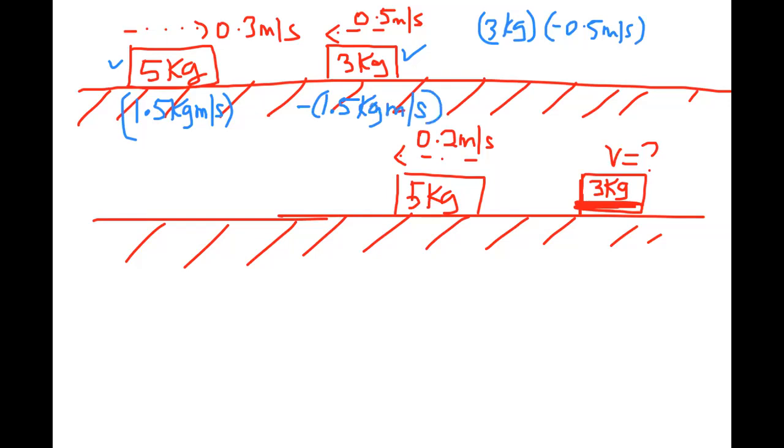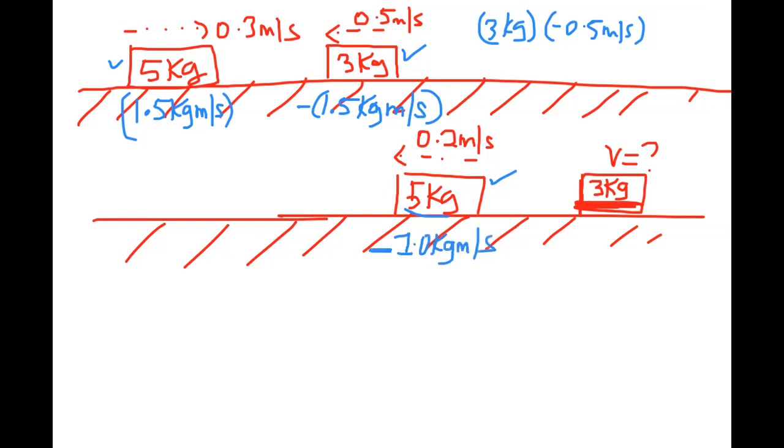So if we move on to this box, we are going to find the momentum of the 5 kilogram object as follows. Well, 5 times 0.2 is 1, but it's moving to the left, so minus 1.0 kilograms meters per second.